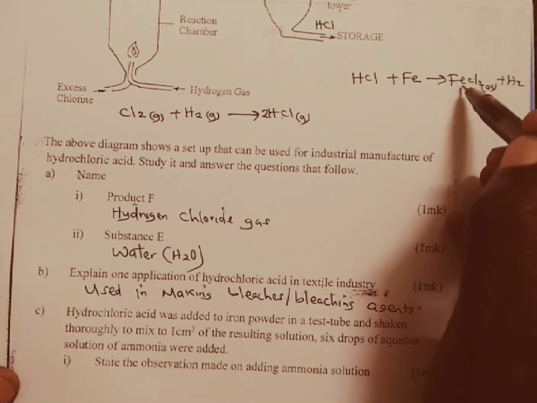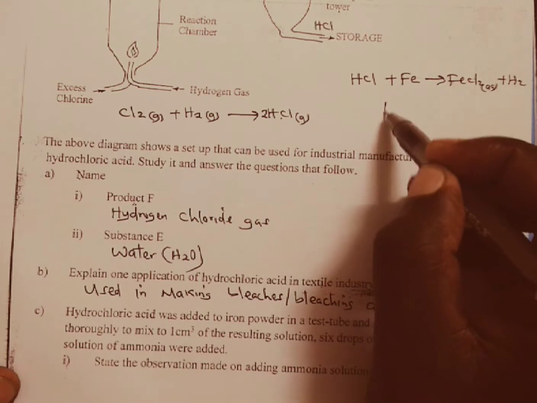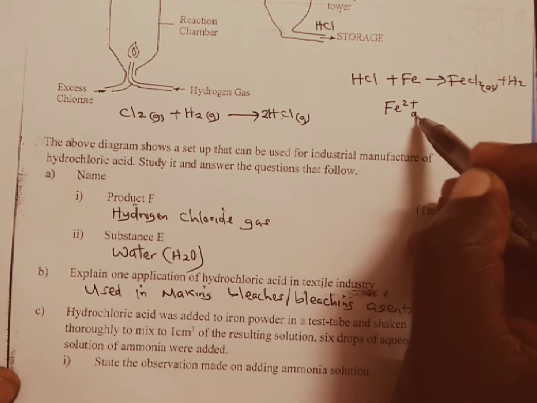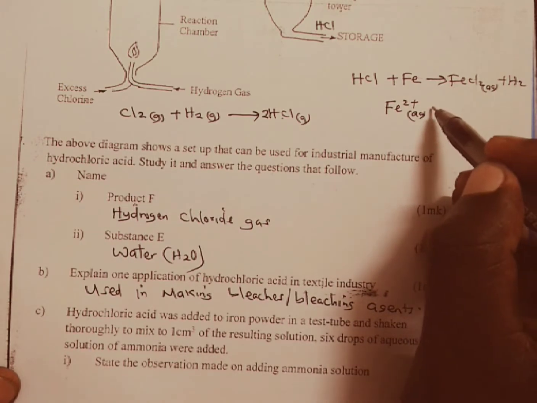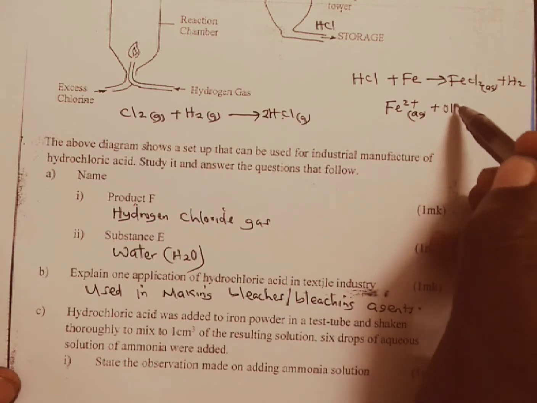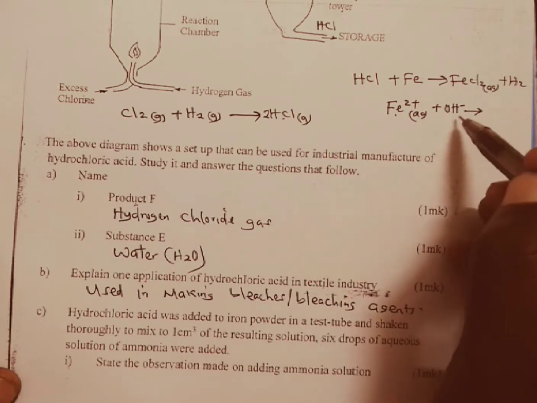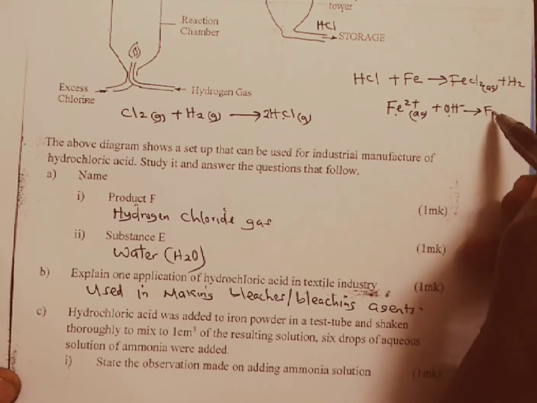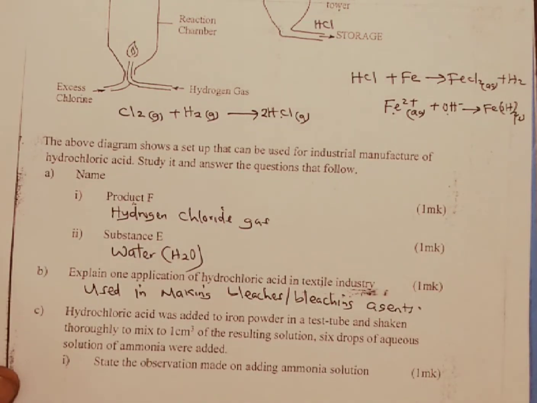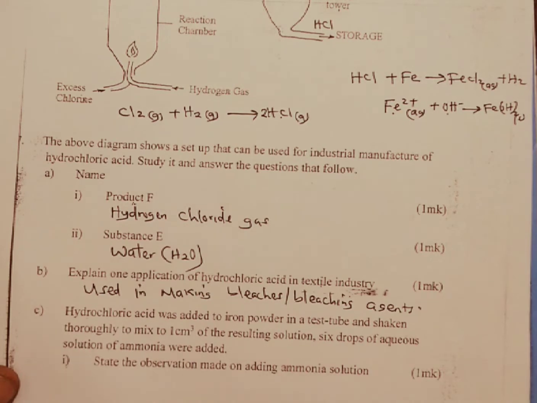In this solution, we have iron 2 ions and chloride ions. Our main concentration is iron 2 ions, and we are adding ammonia solution, or ammonium hydroxide. We need the hydroxide ions, and the reaction between iron 2 ions and hydroxide ions will give us iron 2 hydroxide precipitate.